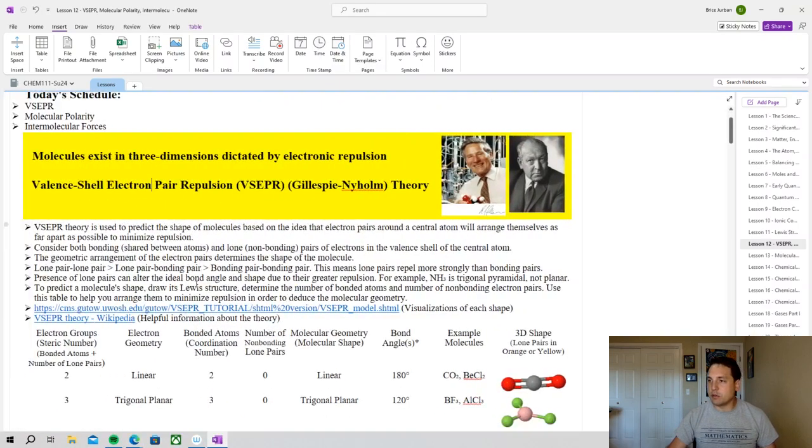So this theory was put together by these two chemists, Gillespie and Nyholm. And the basic tenet of this theory is that the electrons that are in the valence shell like to be as far away from each other as possible because electrons naturally have a negative charge and want to repel each other.